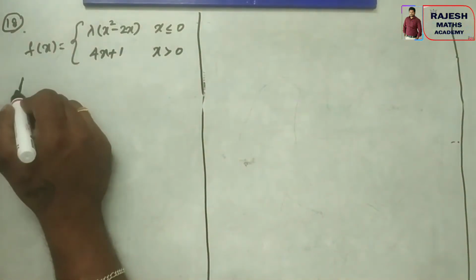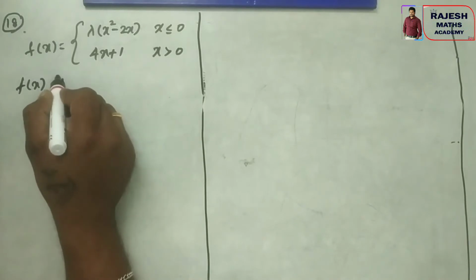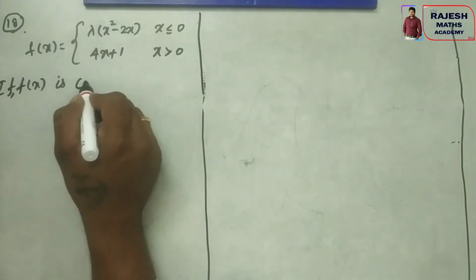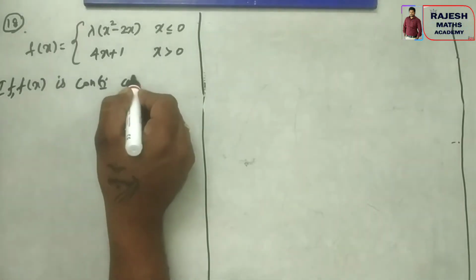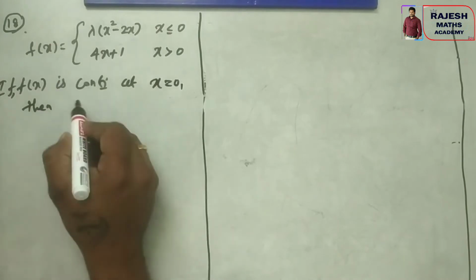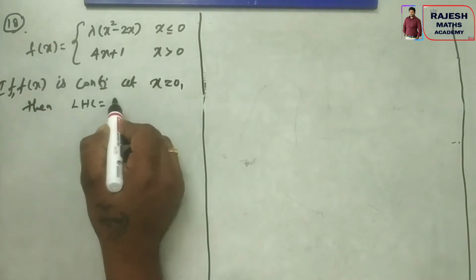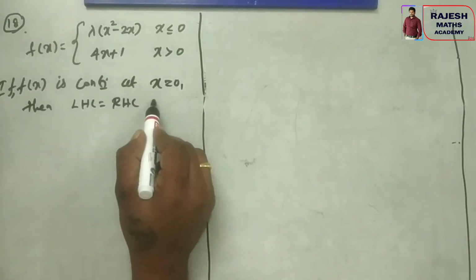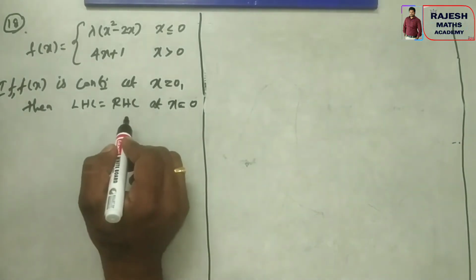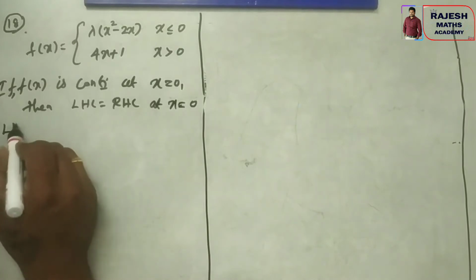So we are going to find the value of lambda if this function is continuous at x equal to 0. If f of x is continuous at x equal to 0, then LHL is equal to RHL at x equal to 0. This we already know. So now we will find the LHL of the function.